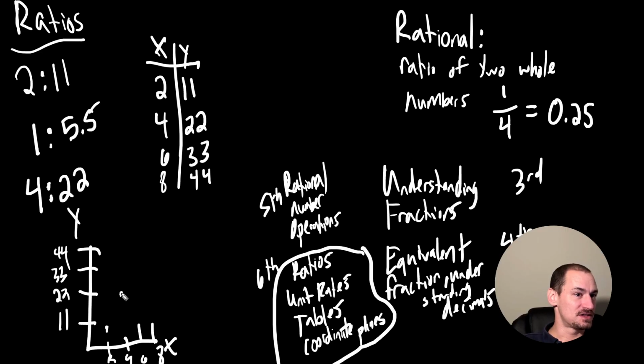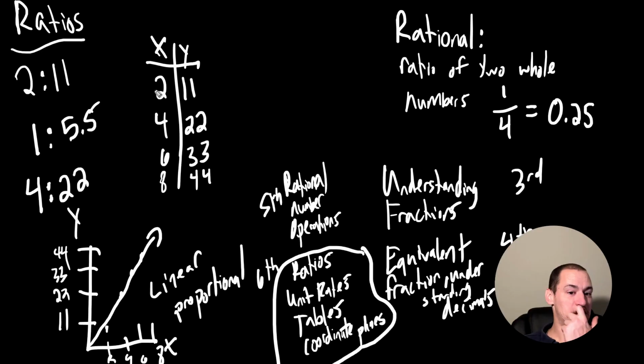And then we see that this is a linear and proportional relationship because it continues the same ratio all the way up the table, all the way up through the graph.